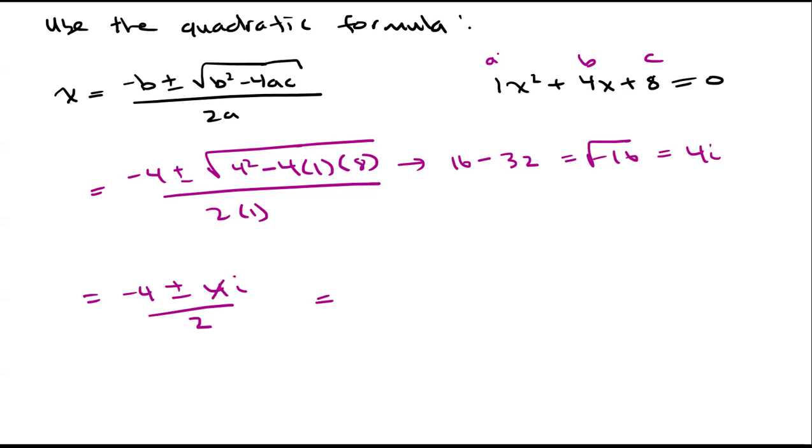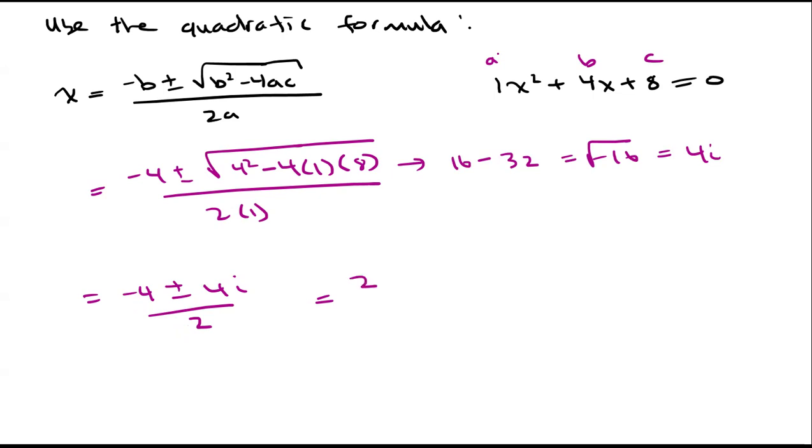If this was, say, a 5, I couldn't do it. Any odd number, I couldn't have done it. I can't say, oh, this is going to give me 1 and that's 2. That's false. I can't do that. So each term has to have, in this case, a factor of 2.